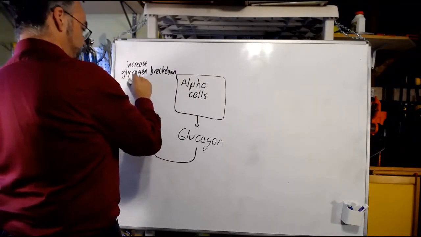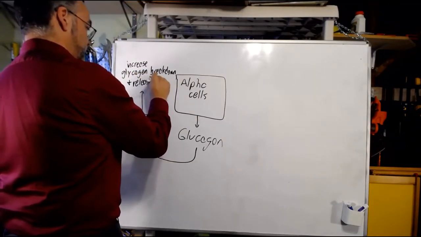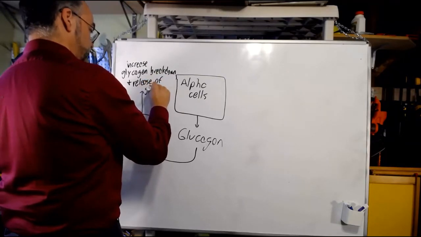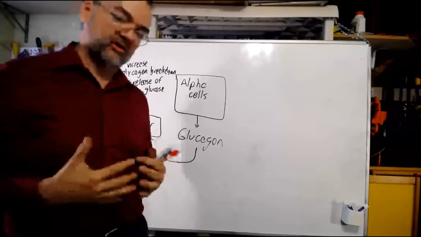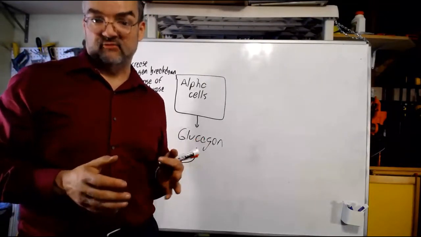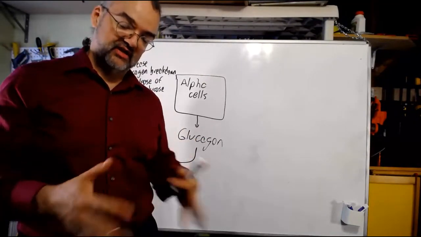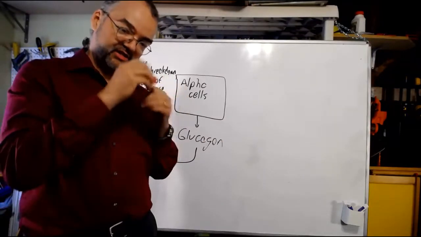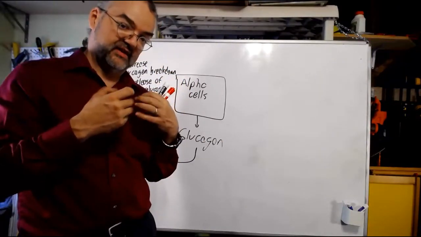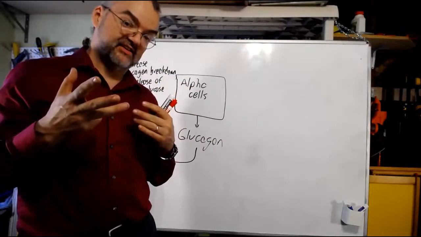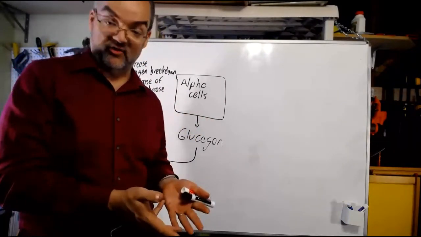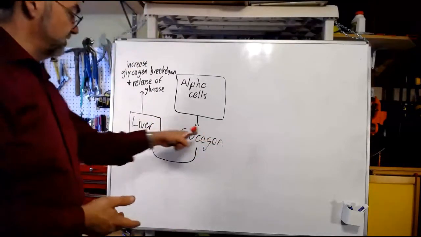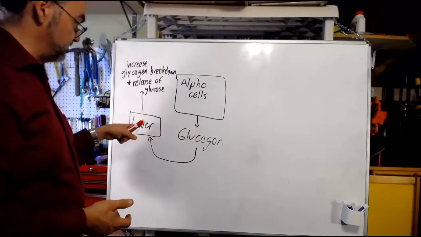and release of glucose. So part of the job of the liver is to store glucose in the form of glycogen. Remember, that's that polymer of glucose. So the liver takes up glucose, puts it together into glycogen, and holds on to it. And then, when it's needed, the liver can break down that glycogen into glucose and release that glucose into the blood. So glucagon tells the liver to do that.